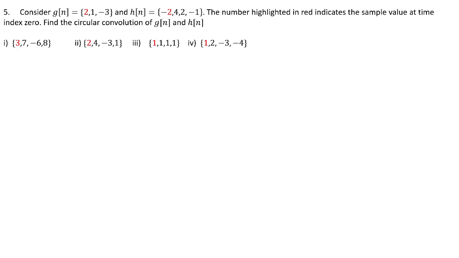That's an easy and convenient way to find the circular convolution, particularly efficient when the size of the sequences are small, which is the case here. So let us write down the gn and hn expressions here. Gn is 2, 1, minus 3. Hn is given as minus 2, 4, 2, minus 1.